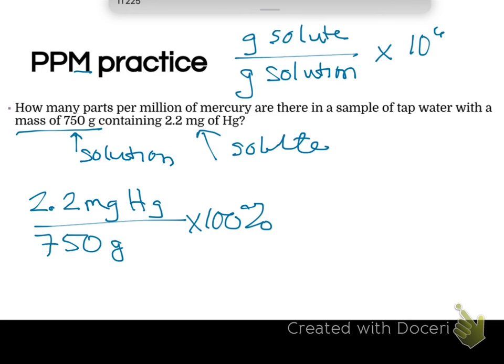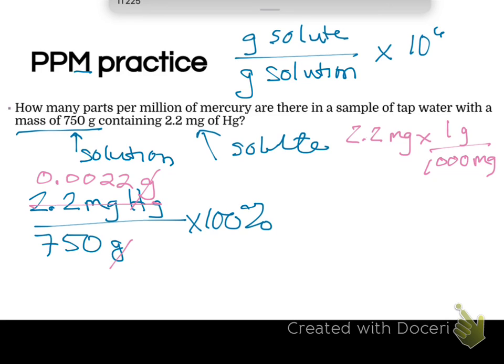So we're going to have to convert from 2.2 milligrams by remembering that there's 1 gram for every 1,000 milligrams, just like milliliters and liters. And so here I want to put 0.0022 grams. And now these two units will cancel. And so everybody's happy that way.